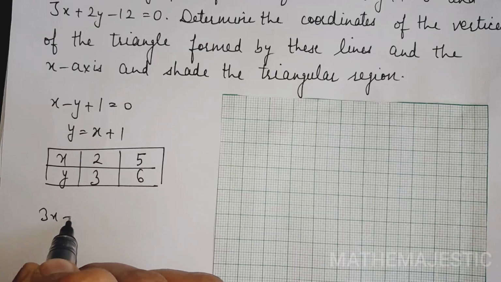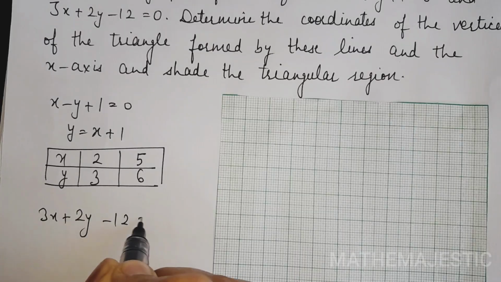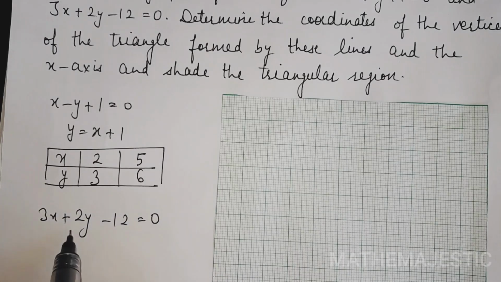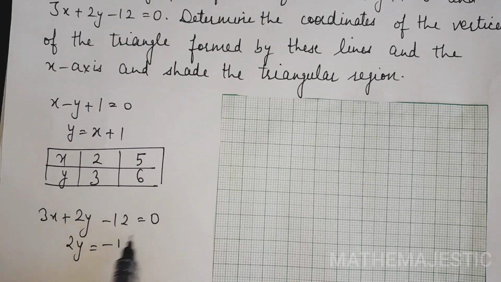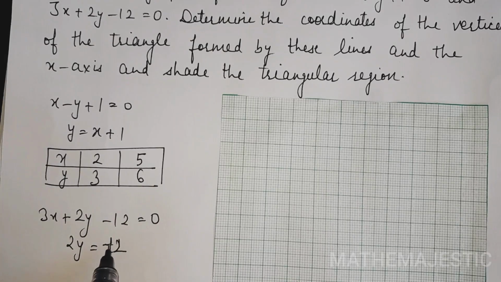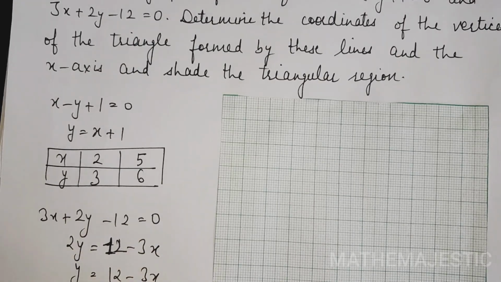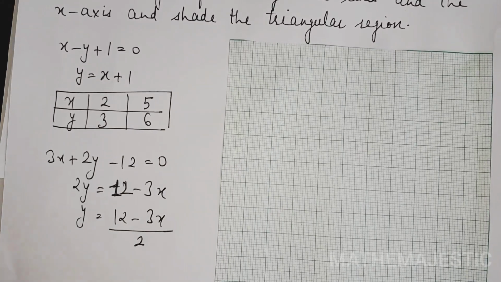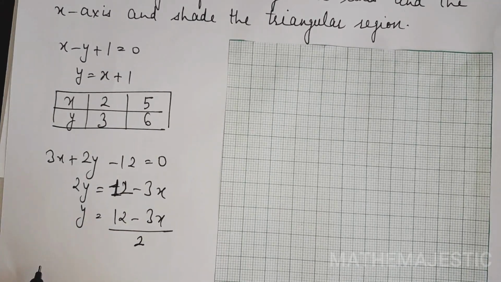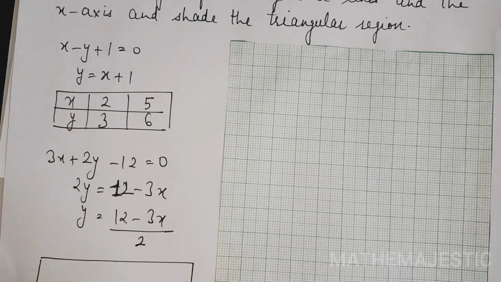Second is 3x plus 2y minus 12 equals 0. In this also, to find y, 2y equals minus 12, we shift it to the other side. It will become positive 12 minus 3x. Now the value of y will be 12 minus 3x by 2. So now we have to make the table.